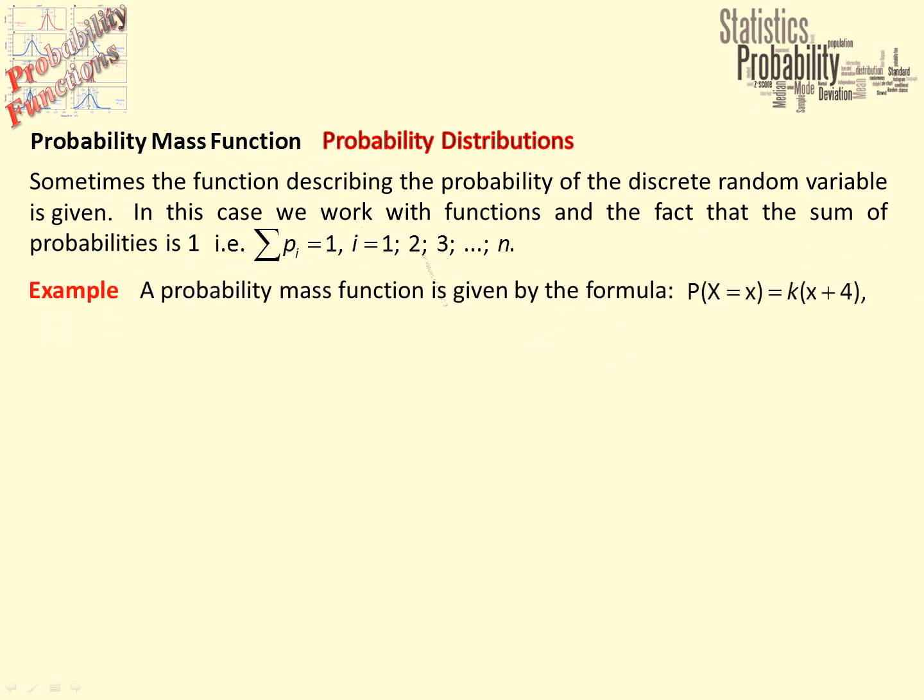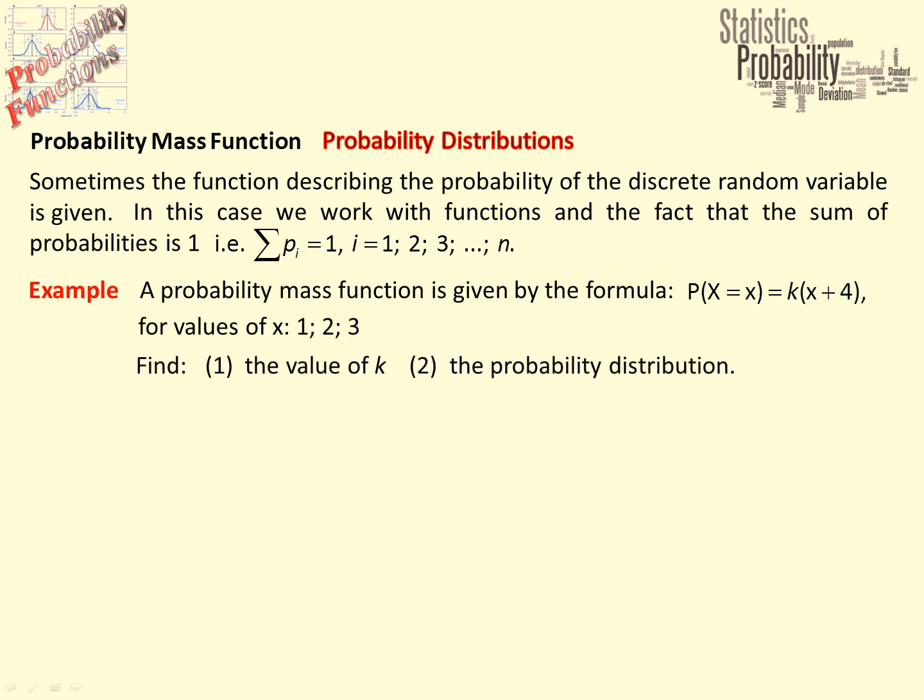So an example, a probability mass function is given by the formula P(X = x) is k into x plus 4 for values of x 1, 2, 3. So we have to find the value of k, and the probability distribution. For the value of k, we're going to use the fact that the sum of probabilities is 1. It's finite.